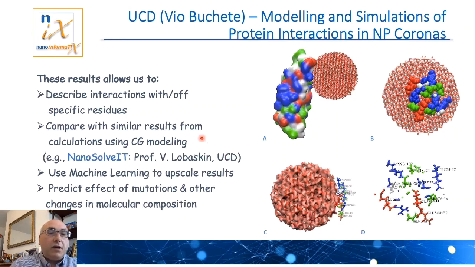We can then compare our results with similar results from coarse grain modeling, which is more expensive. Docking itself is a coarse grain method, but there are other, more expensive coarse grain modeling approaches that one could use, and we are collaborating on this with the next speaker, and also with Vladimir Lobashkin, my colleague from UCD.